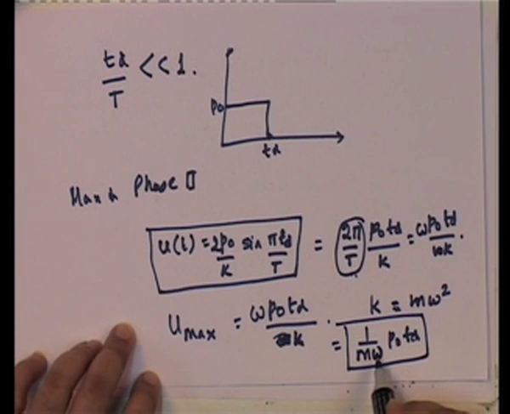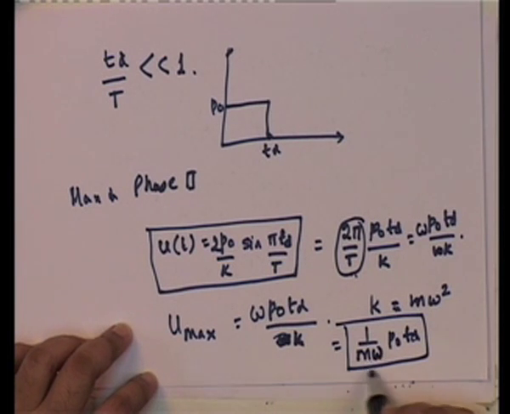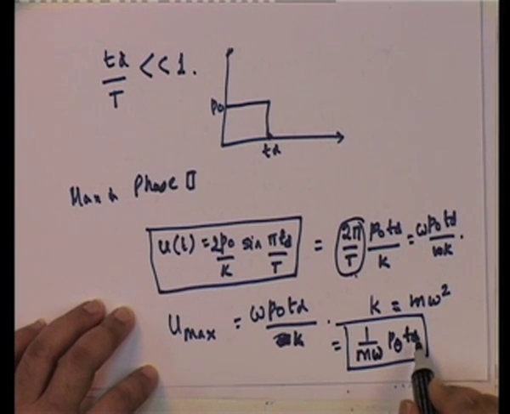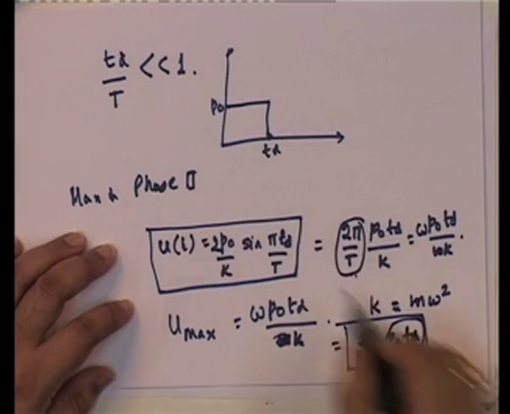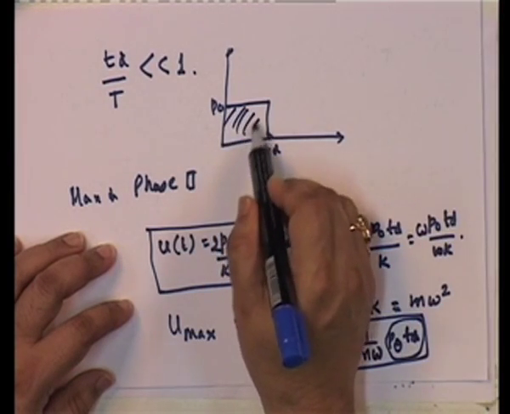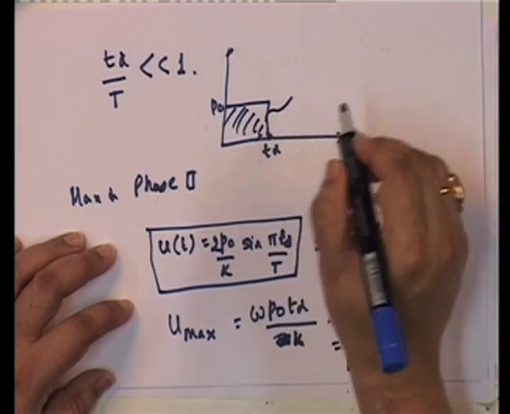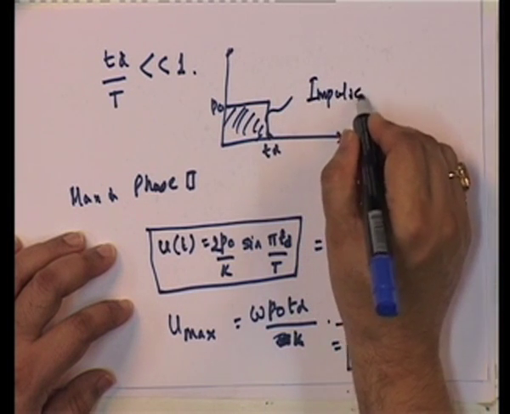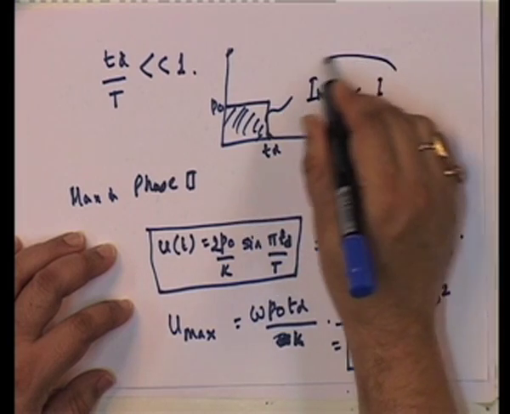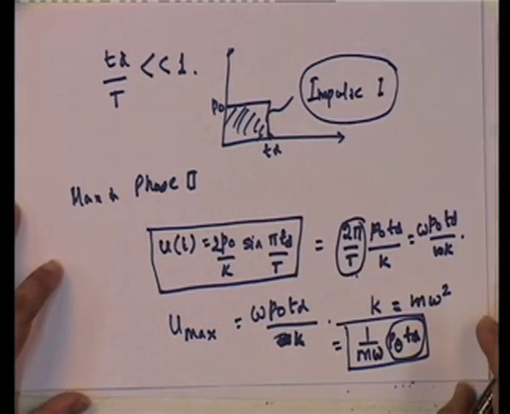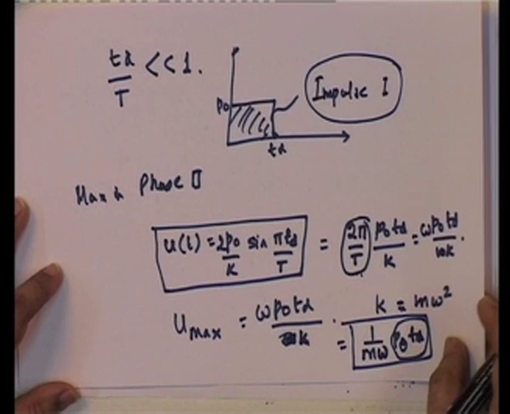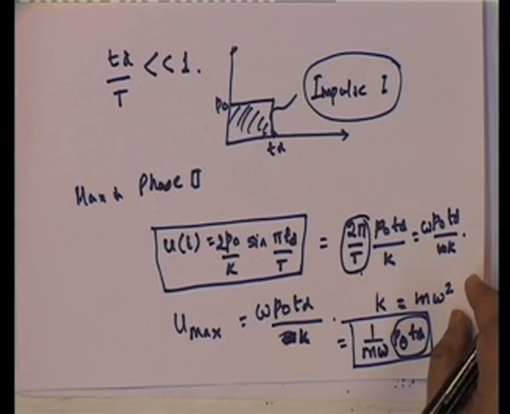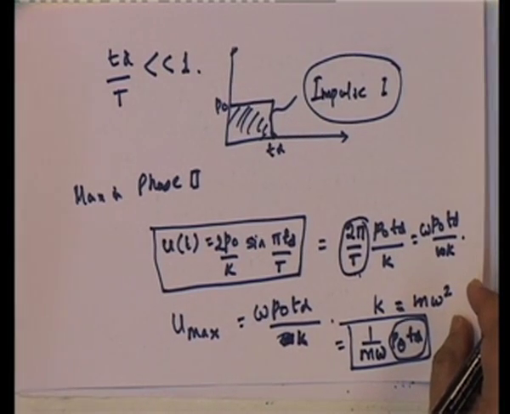Note that m and omega are characteristics of the structure. So, what is the loading? If you look at it, it is P naught Td. What is P naught Td? It is really the area under the curve, which is known as impulse I. So, u max is equal to P naught Td upon m omega.